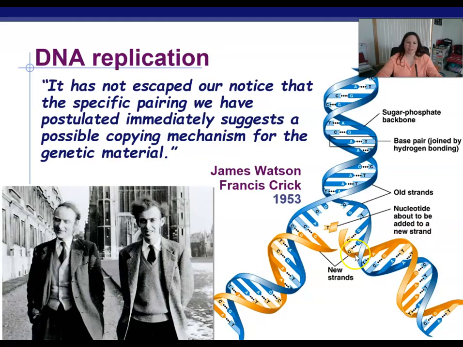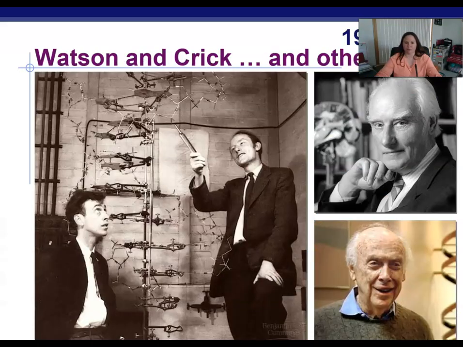And we'll send a little shout out to these gentlemen who figured out the structure of DNA. They went about it in an interesting way and put together research from different scientists to figure this out. James Watson and Francis Crick in 1953. Once they started figuring it out, they made this model here.